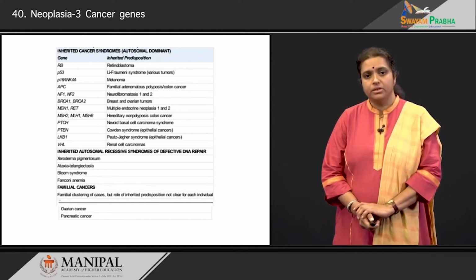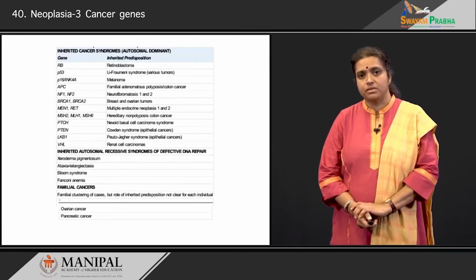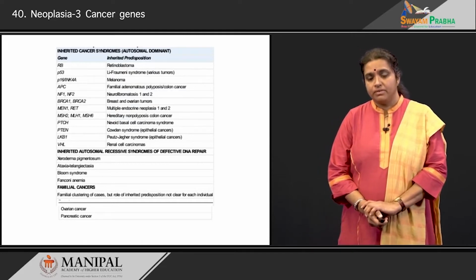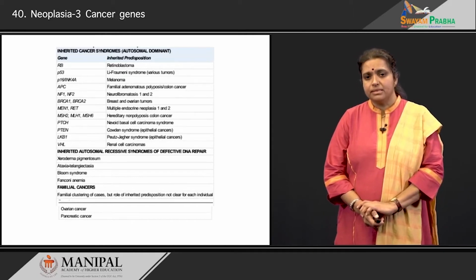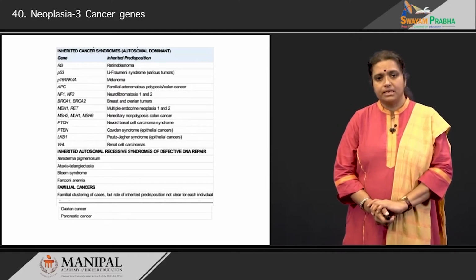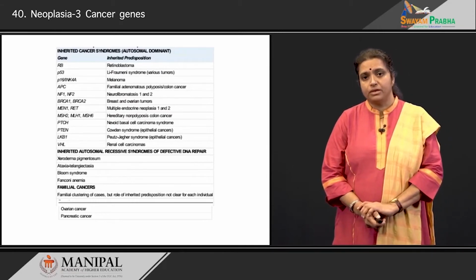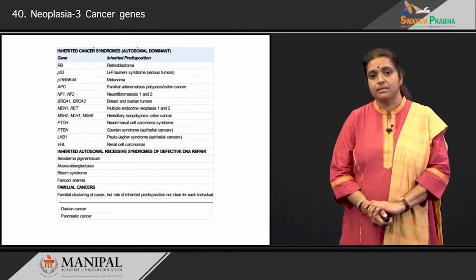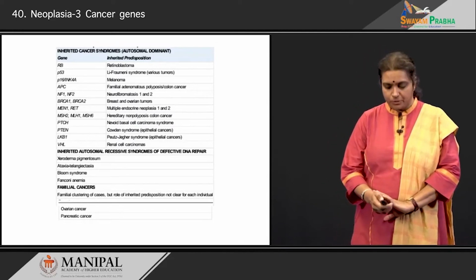RB gene causing retinoblastomas, the APC gene implicated in familial adenomatous polyposis, and BRCA1 and BRCA2 which are implicated in the very common breast and ovarian cancers, and we have many others. Let me not go into each of these in detail. We have VHL in renal cell carcinoma, and we have certain genes that are responsible for DNA repair. If defective, they can lead to various cancers, and these syndromes are xeroderma pigmentosum, Bloom syndrome, and so on.